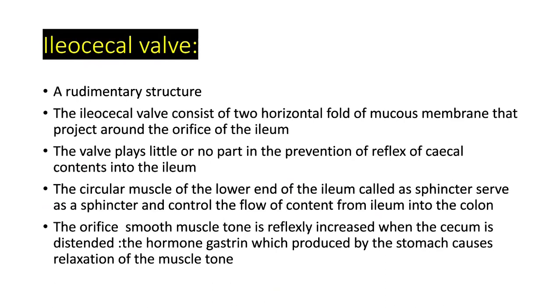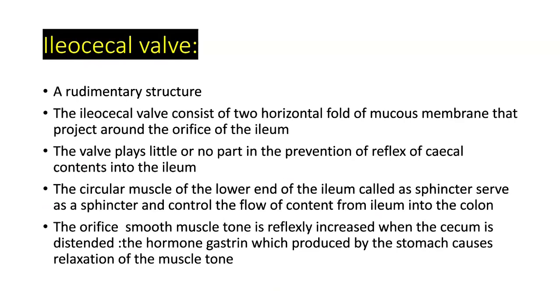The ileocecal valve is actually a rudimentary structure. It consists of two horizontal folds of mucous membrane that project around the orifice of the ileum. The valve plays little or no part in preventing reflux of cecal content into the ileum.